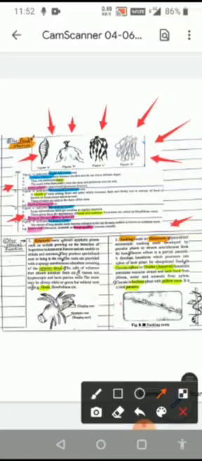There are some other roots which are useful for some special functions. So first, that is epiphytic root. These epiphytic roots are mostly found in small plants like orchids. They produce these hanging roots. They are produced on large trees.